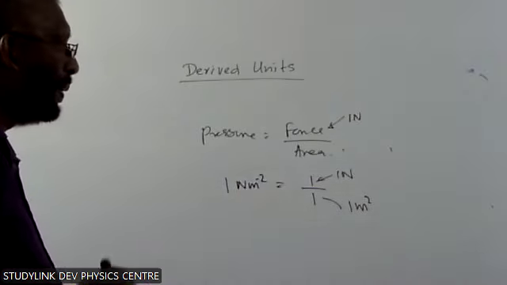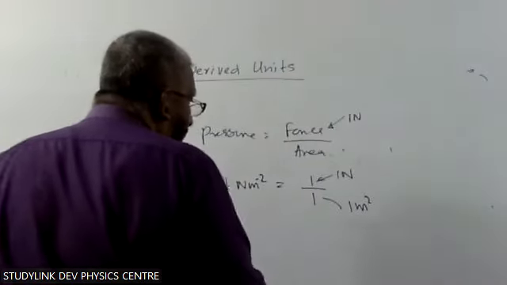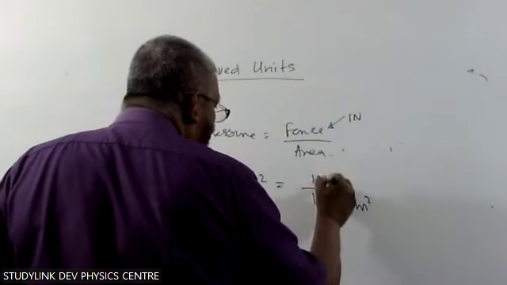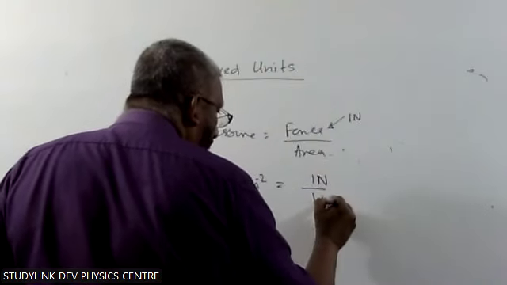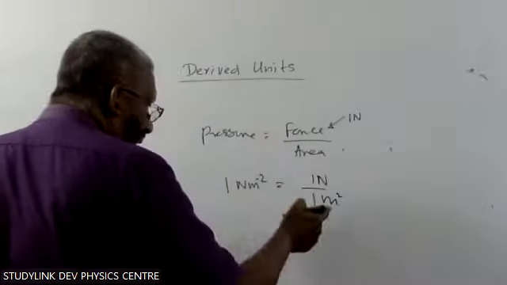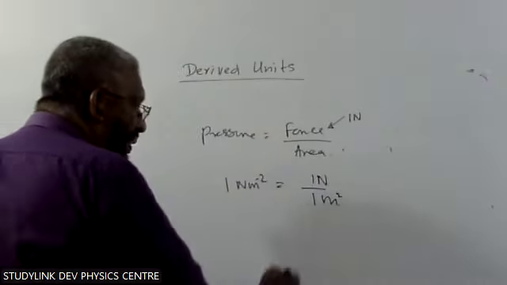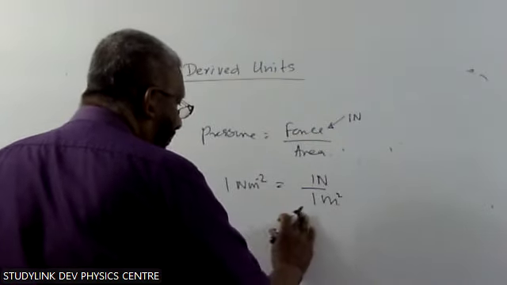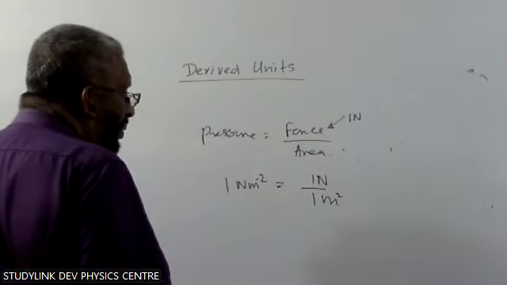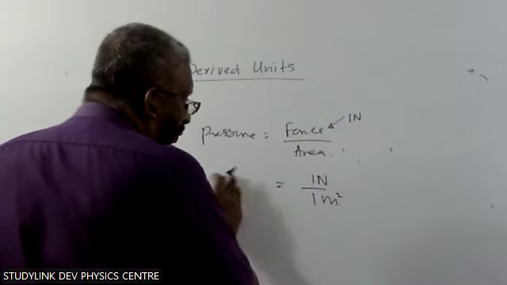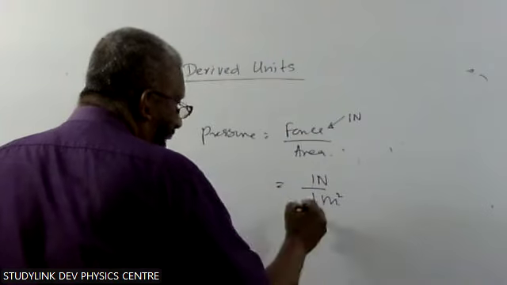So therefore, you can write it as 1 Newton over 1 square meter, then the answer is 1 Newton per square meter. This is how you are getting it. Now if you want, you can write like this.